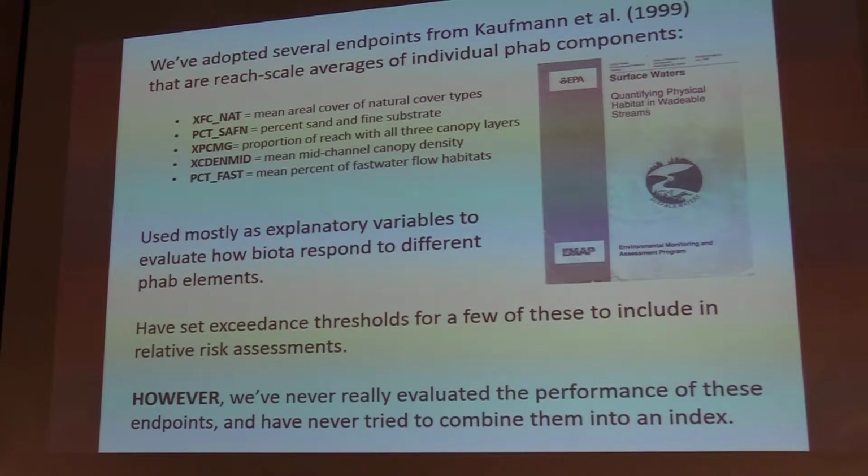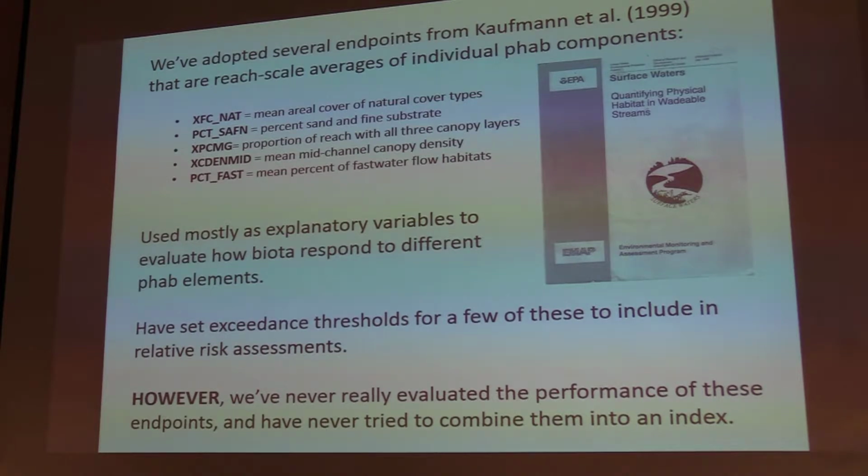And in the past, we've mostly used those as explanatory variables to evaluate how biota respond to different PHAB elements. We've even set exceedance thresholds for a few of them to include in relative risk assessments. So for example, how much sand and fines is too much sand and fines, and when you exceed that threshold, what's the additional risk of associated biological impairment?